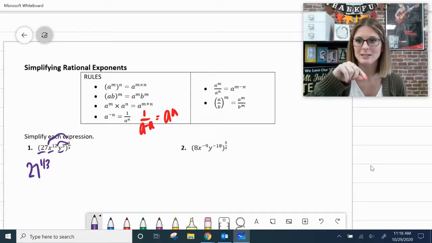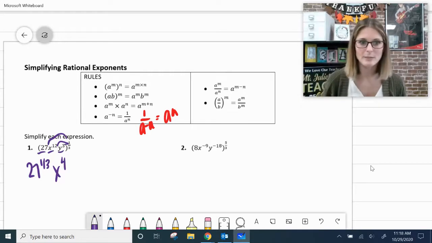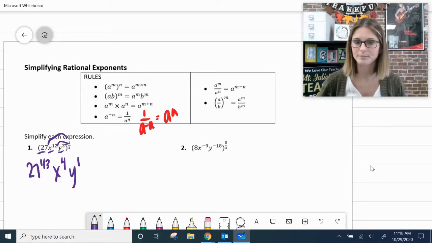And now I'm going to raise it to the 1/3. That's the power to power rule. The first one listed here, that gets multiplied together. So I have x to the 12 times 1/3, or 12 divided by 3 is 4. The y already had an exponent, raised to an exponent, multiply 3 times 1/3 is 1.